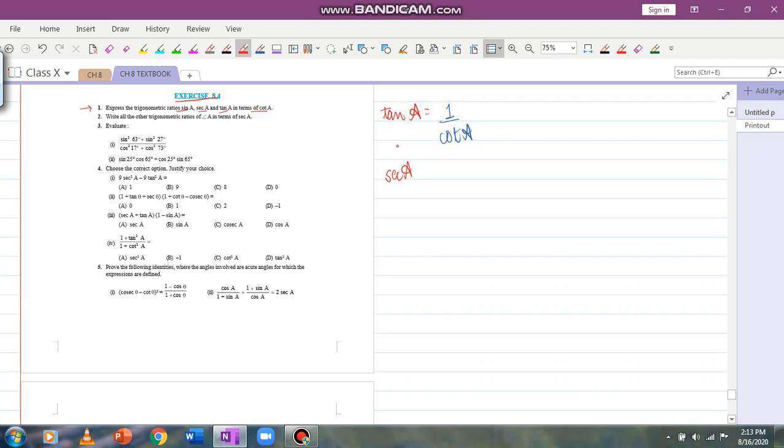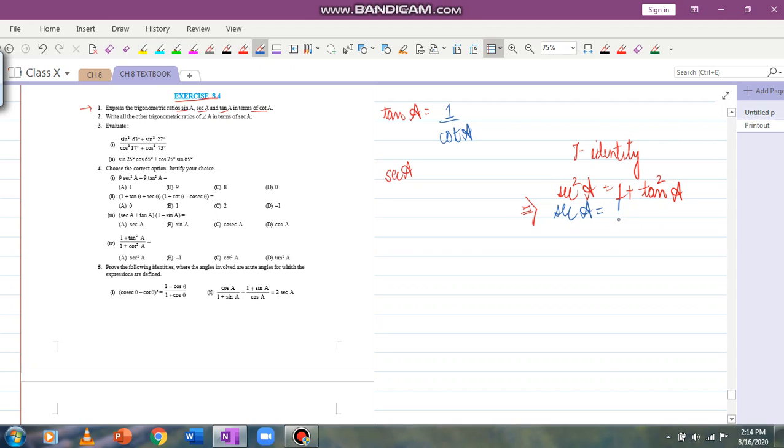Now how do I relate tan and secant? For that I'm going to use the trigonometric identity, which tells me that secant square A equals 1 plus tan square A. This is what I'm going to use here. So if I have the value of secant square, I can obtain the value of secant A as well.